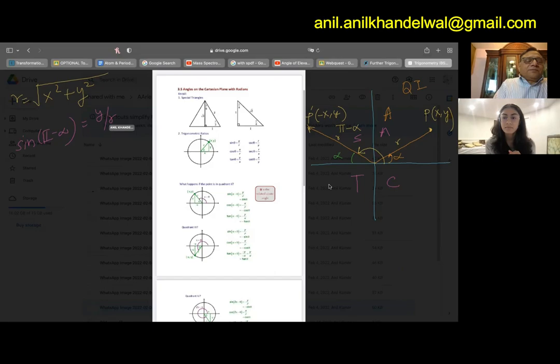Both are positive. However, what is cos of pi minus alpha? The x value has become negative. Do you see that? Oh, I see. Similarly, the tan of pi minus alpha will be y over x. Y is positive, but x is negative, so it becomes negative. I see.